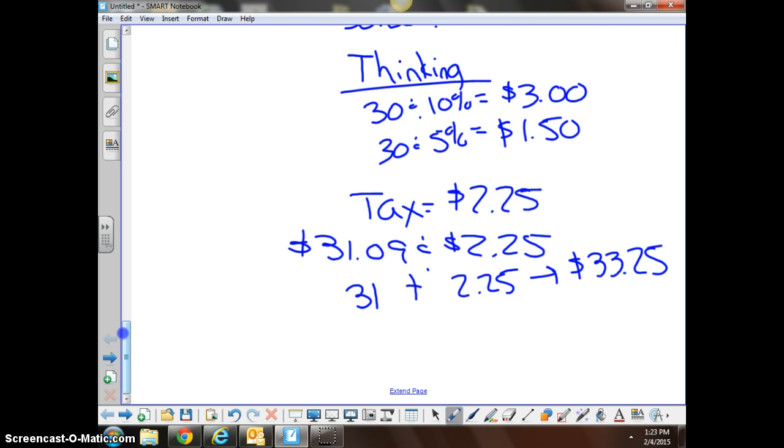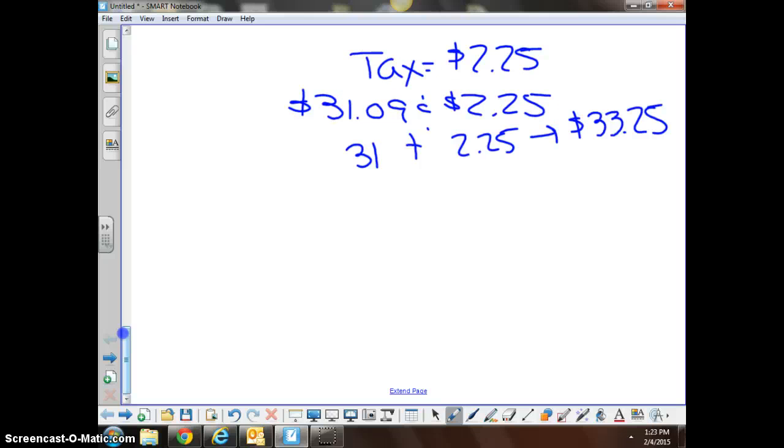Again, I'm putting this all in my head. There's a lot of numbers going on in my head here. And now I got to tip 15%. And am I tipping the tax now? Yeah. Is the tax part of the total? Yeah. Would I be tipping the tax plus whatever my total was, right? So tipping the tax means you're tipping, obviously, the total plus the tax. So I'm tipping the tax, and I've got $33.25.